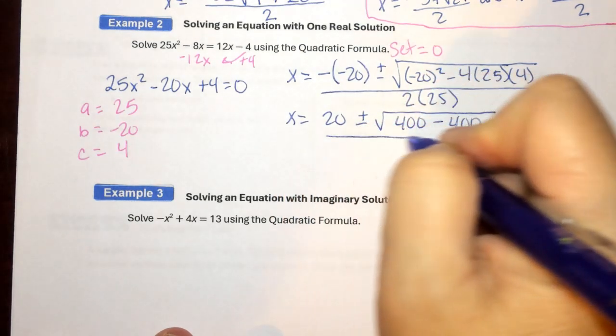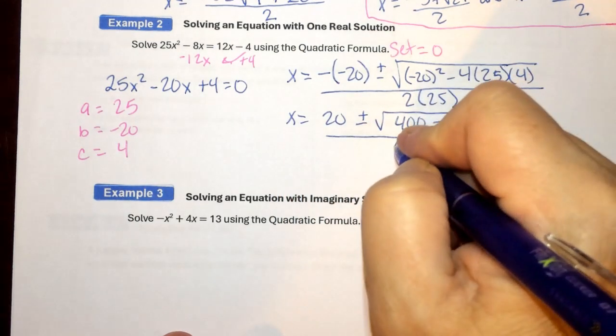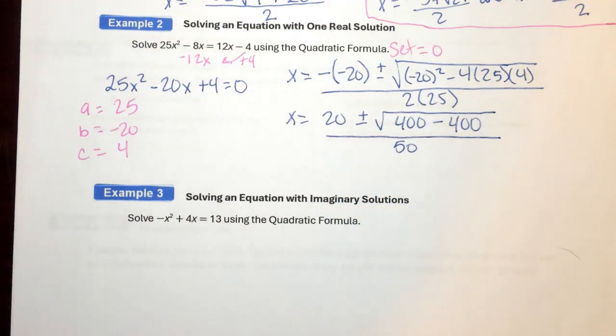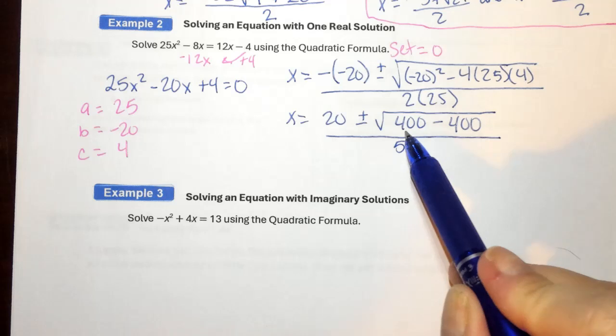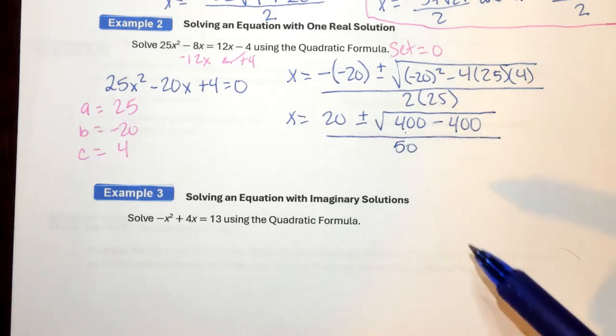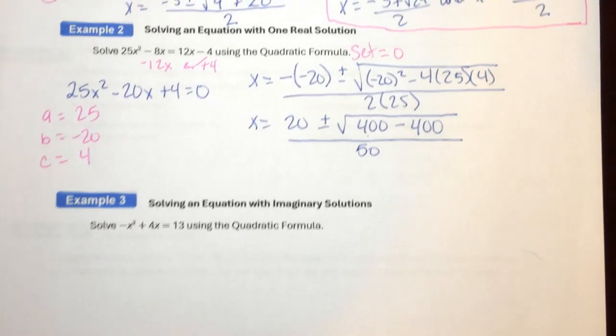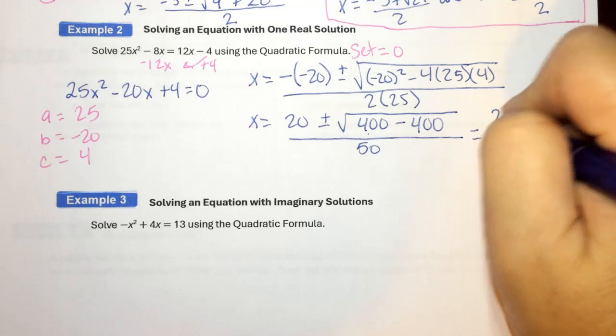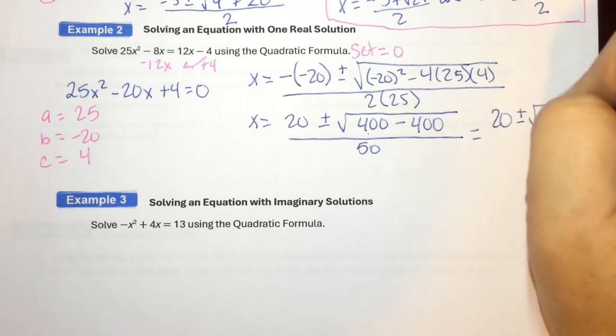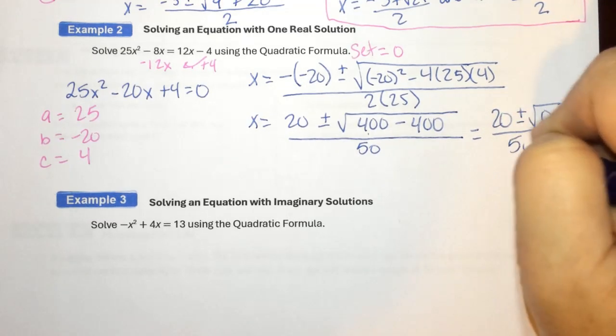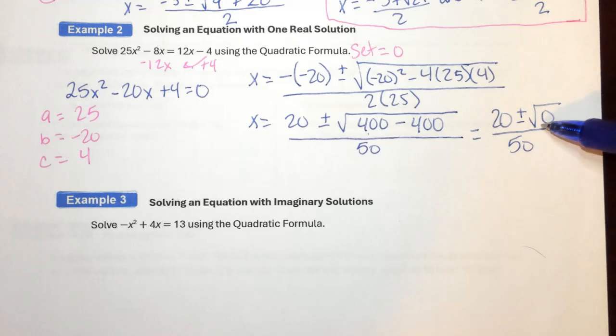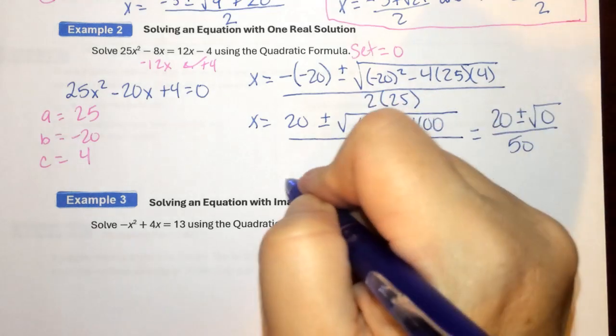And that is going to be over 2 times 25, which is 50. So now, what happens when we take 400 and subtract 400? We end up with 20 plus or minus the square root of 0 over 50. Square root of 0 is 0, so we're just going to drop the 0 and we're left with 20 over 50.